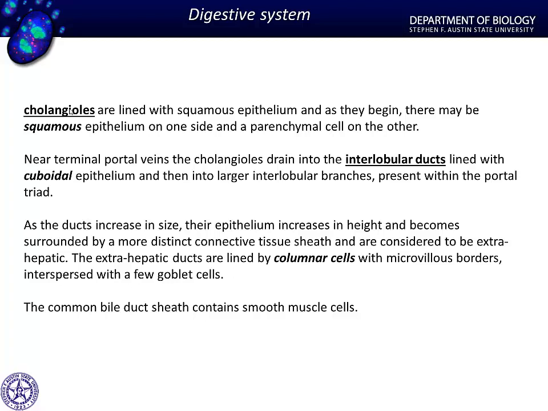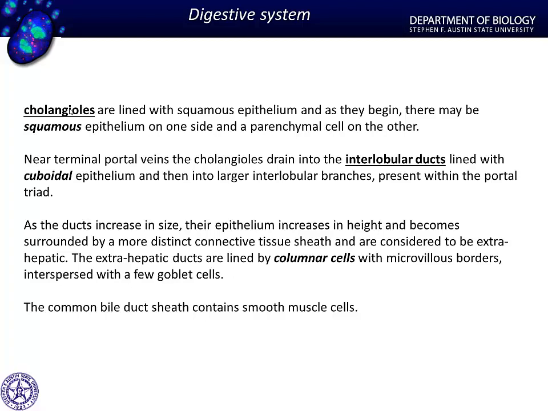And as these get larger and larger, and as we move into our intralobular ducts, these are going to be cuboidal. So we increase in diameter and we increase in the size and the height of the cell. We've done that with our salivary glands. We're doing that with our sweat glands, and we're also doing it here with the transport of bile.